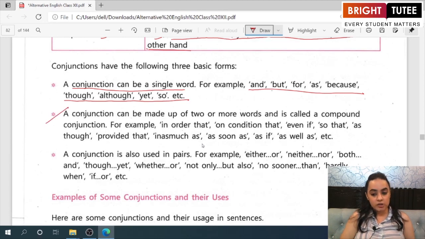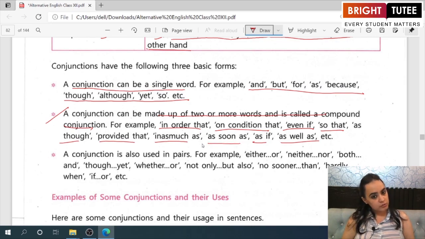A conjunction can be made up of two or more words, which is known as a compound conjunction. For example, in order that, on condition that, even if, so that, as though, provided that, in as much as, as soon as, as if, as well as, etc. These are compound conjunctions.